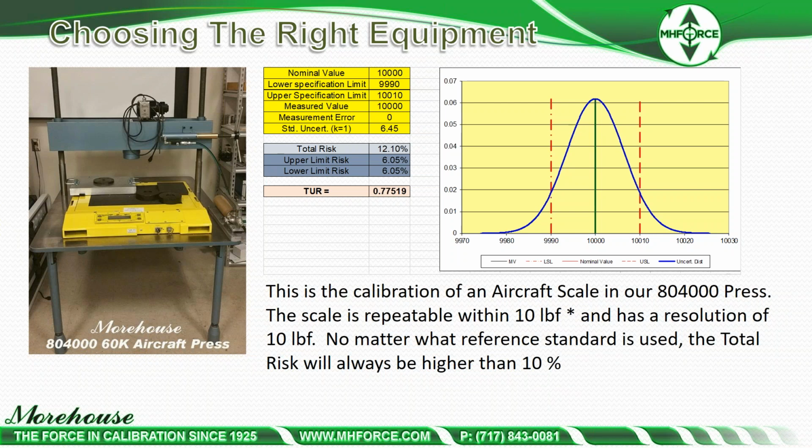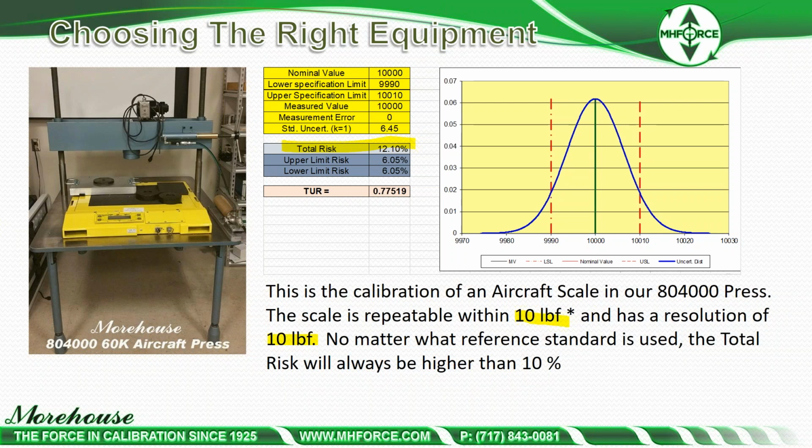Total risk is 12.1%. As long as the resolution is 10 pounds and the repeatability is 10 pounds, it doesn't matter what reference standard we use in the world, our risk is always going to be higher than 10%.